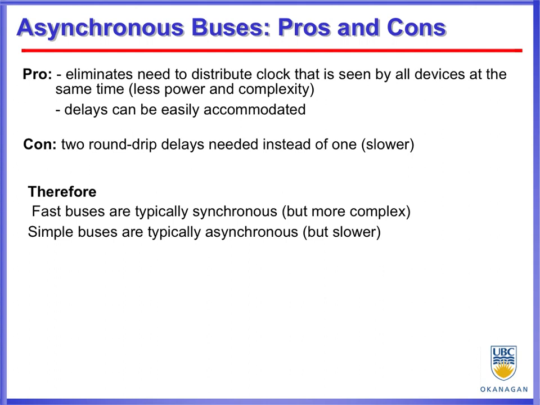And that's tougher than you might imagine to design a computer to do, that every device connected to that clock signal on the bus is actually seeing it at the same time. So if you can do away with that by using an asynchronous bus, that is an advantage. Less complexity, and you don't need to distribute a clock, which means less power. The other advantage of an asynchronous bus is delays can be easily accommodated.